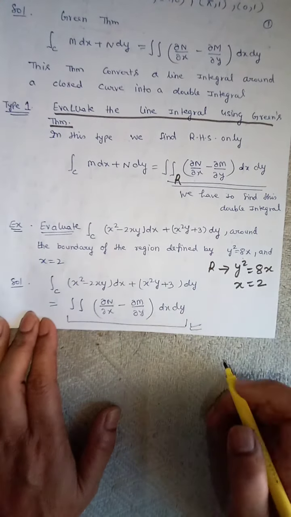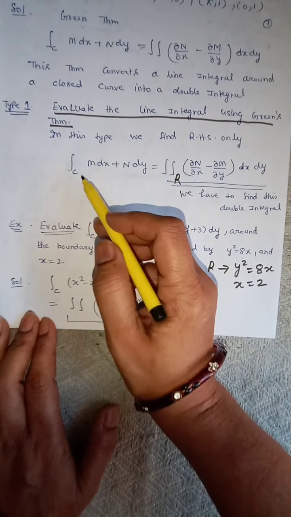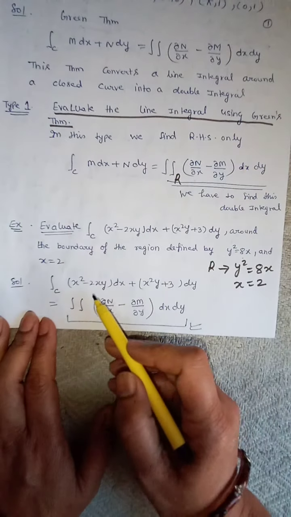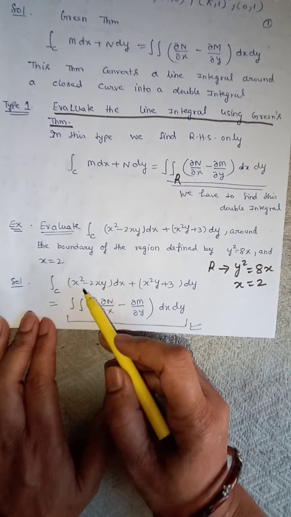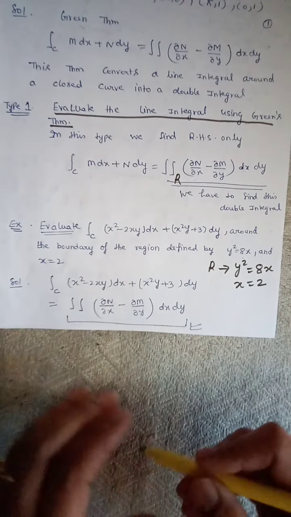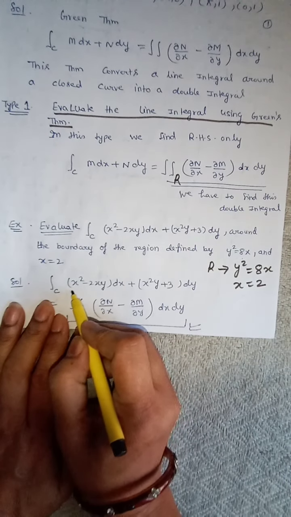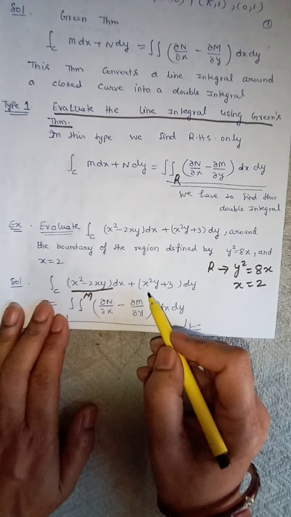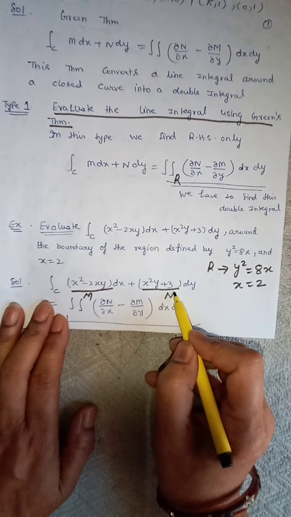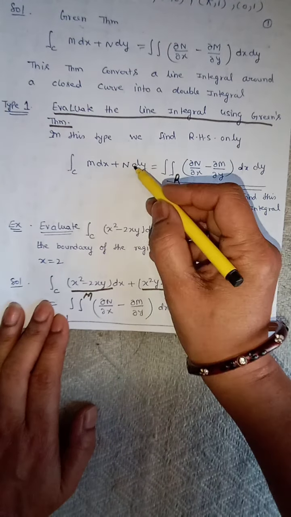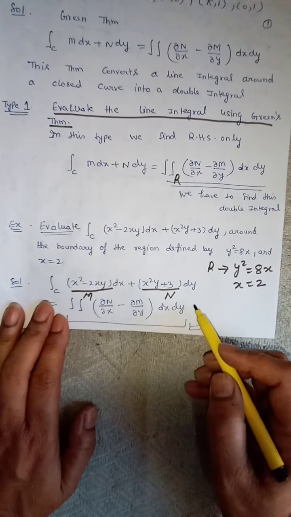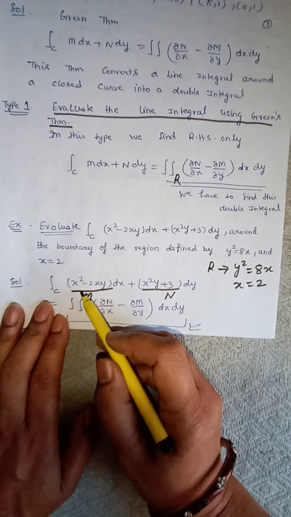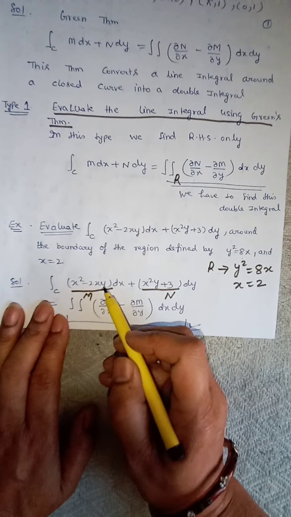So according to Green's theorem, we have integral over C of M dx plus N dy. So here it is integral over C of (x square minus 2xy) dx. The coefficient of dx is M, and here this is N, the coefficient of dy. So here N is x square y plus 3 and M is x square minus 2xy.